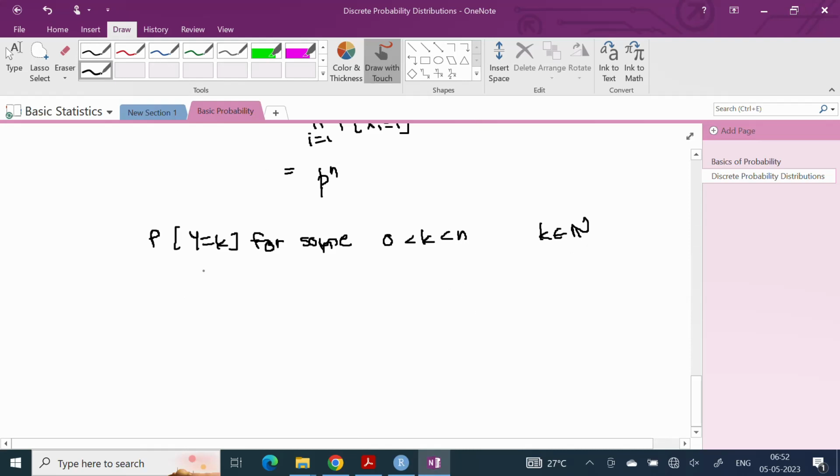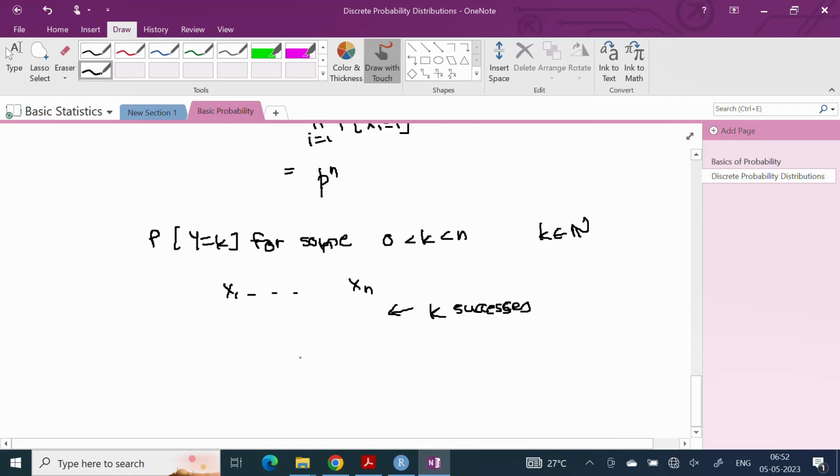Then in this case, what I know is, if I have all the xi's here, out of them k are successes. But the thing is, I don't know which k are successes. It could be the first k, it could be the last k, it could be first, third, seventh, ninth, and so on. So we have to allow for that possibility.